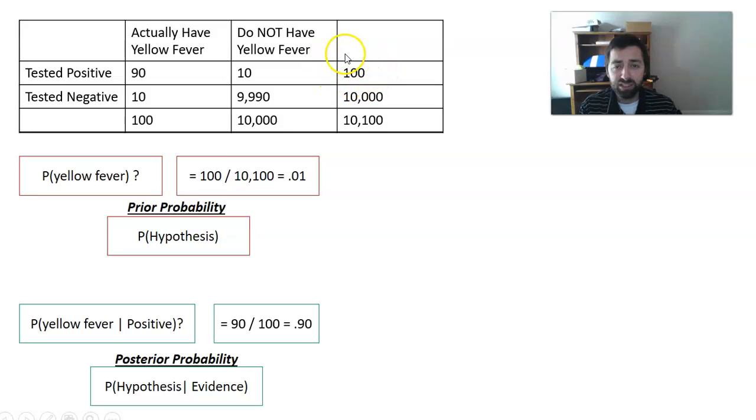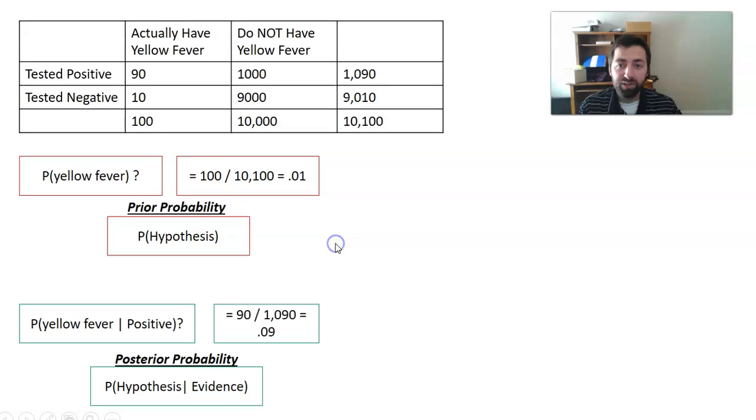Now why is that? Because I made the test even better than it was before. Before it was pretty good, but now the chance of it giving a false positive is almost zero at this point. And so that's why your posterior probability increased from 9% to 90% chance.